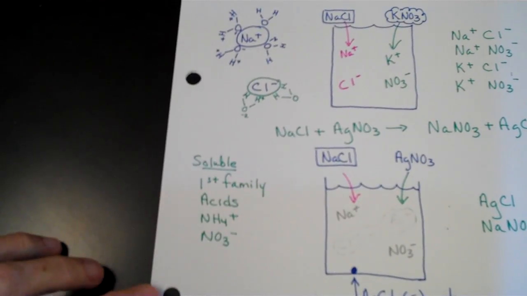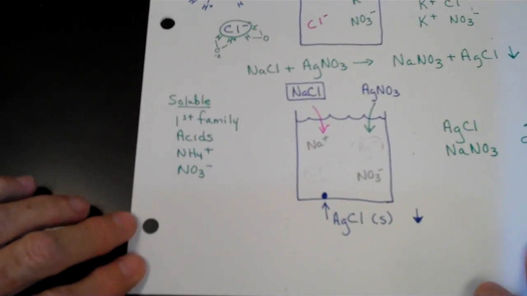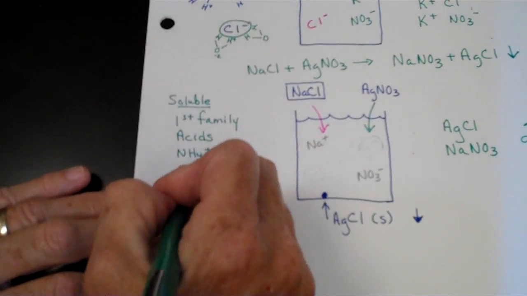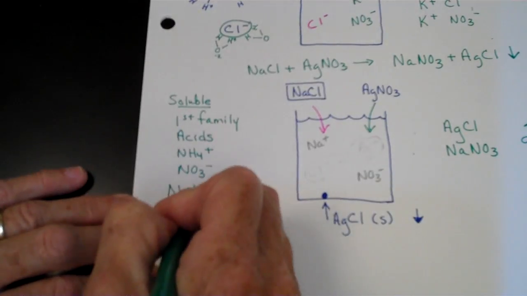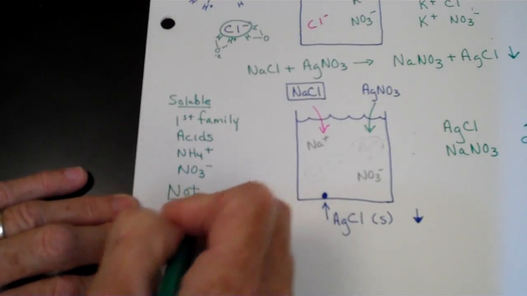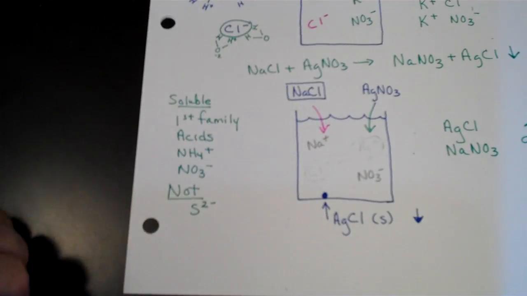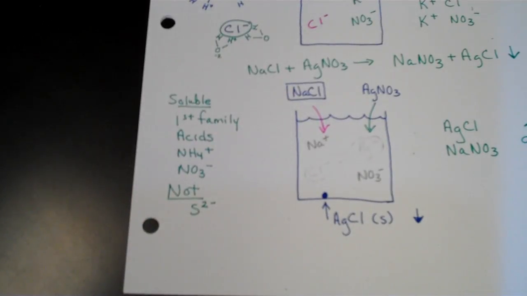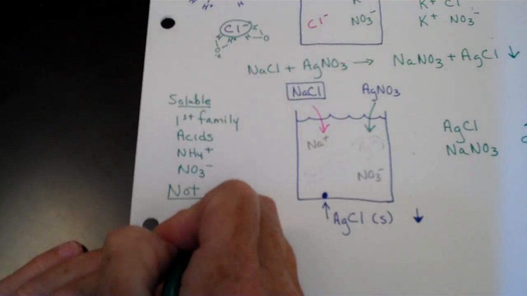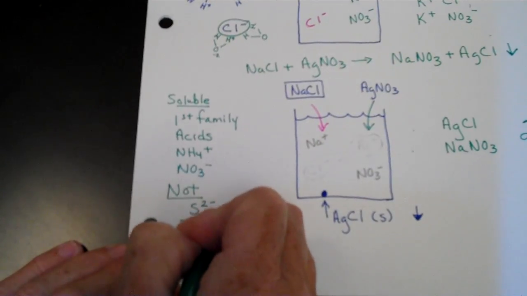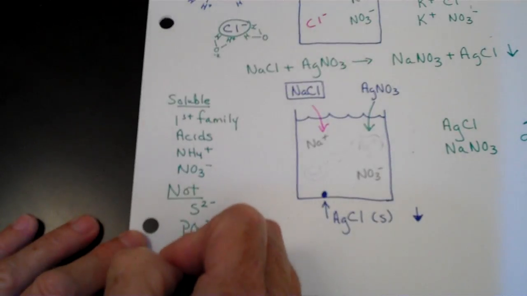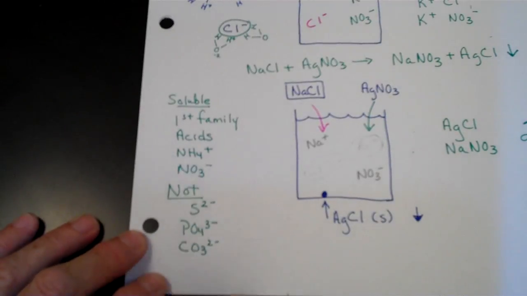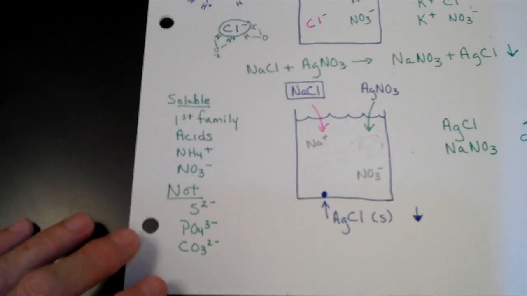What will not be soluble? Well, the things that will not be soluble might include sulfides, phosphates, carbonates, and chromates.